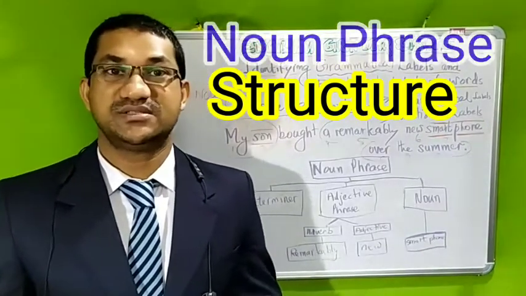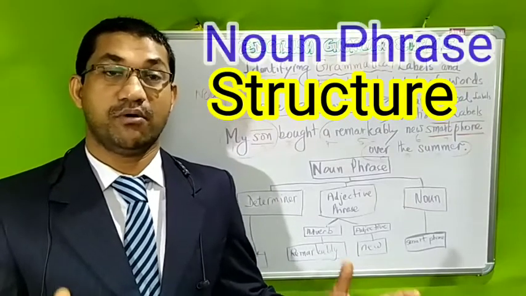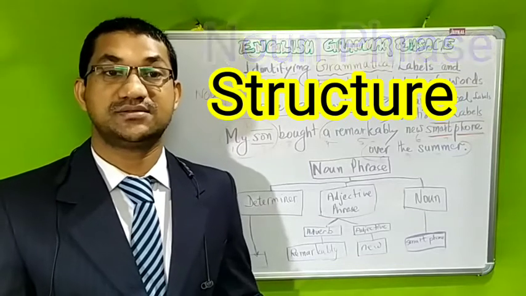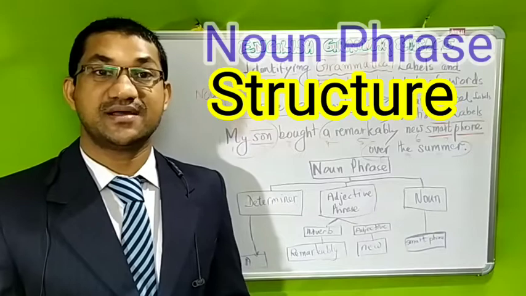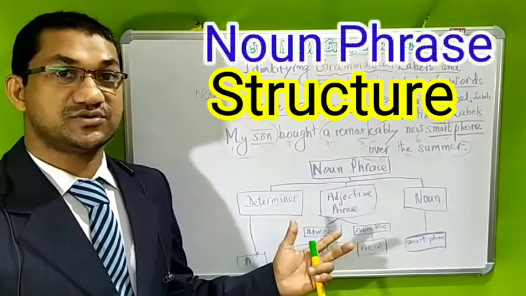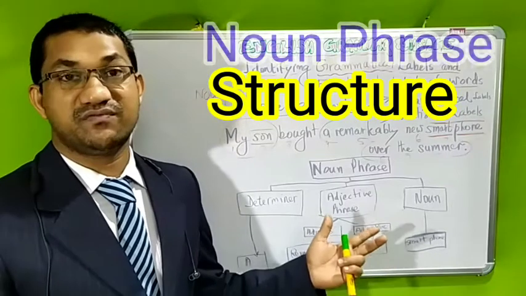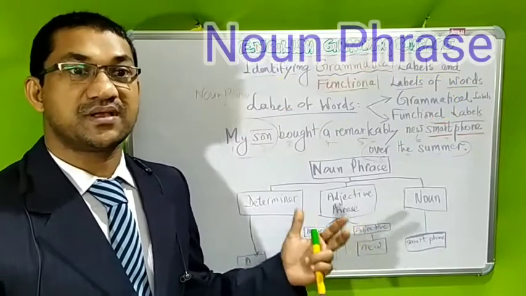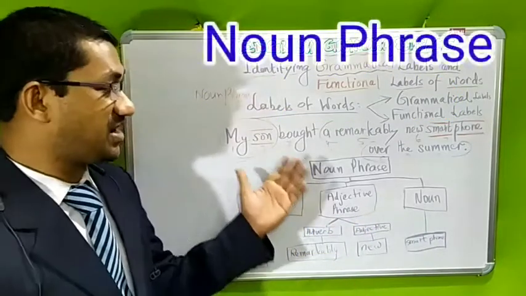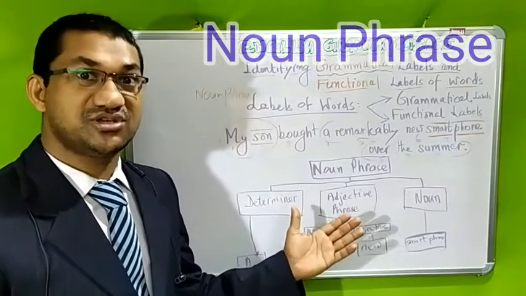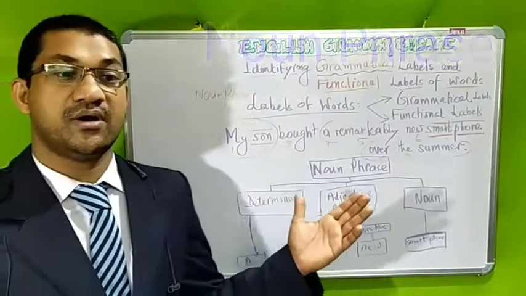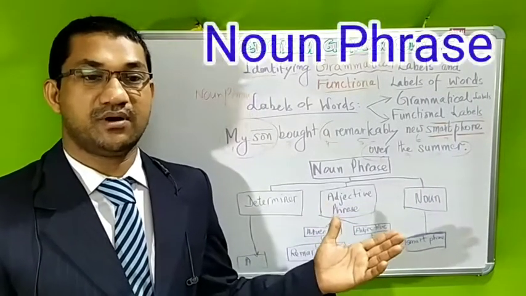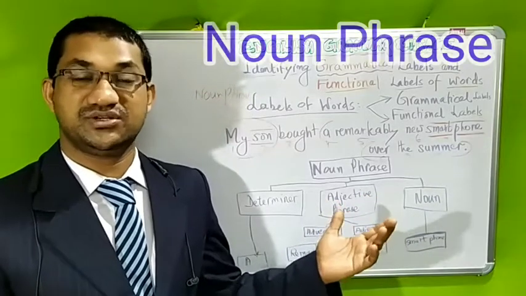Now we looked at the sentence, "my son bought a remarkably new smartphone over the summer", and we looked at the words, and we gave them different labels, which are grammatical labels. We gave the 10 words of the sentence grammatical labels: determiner, noun, verb, determiner, adverb, adjective, noun, preposition, determiner, noun.